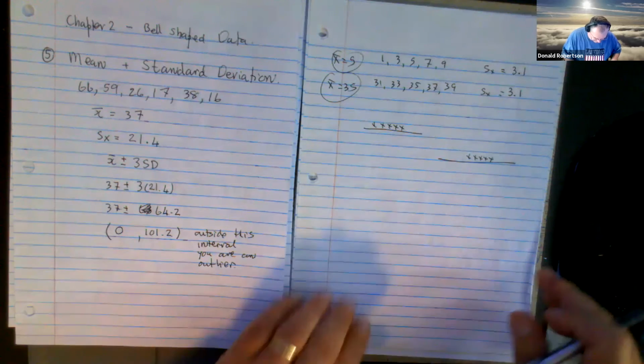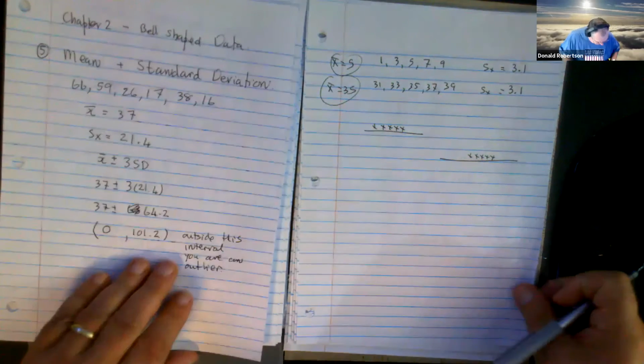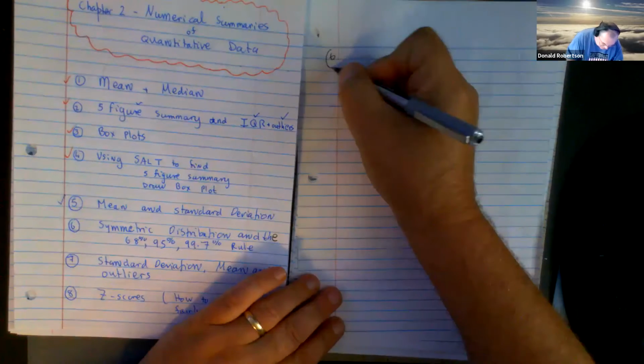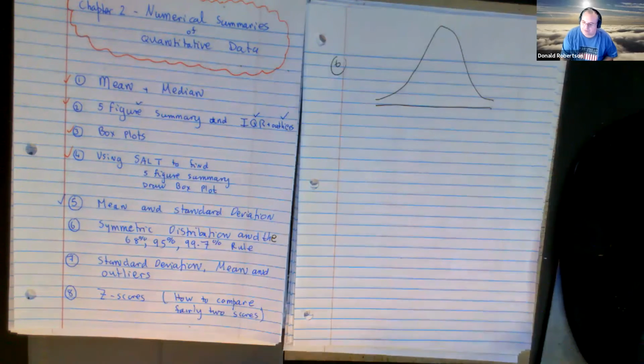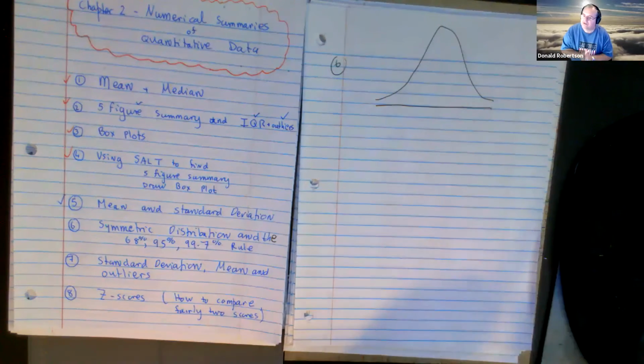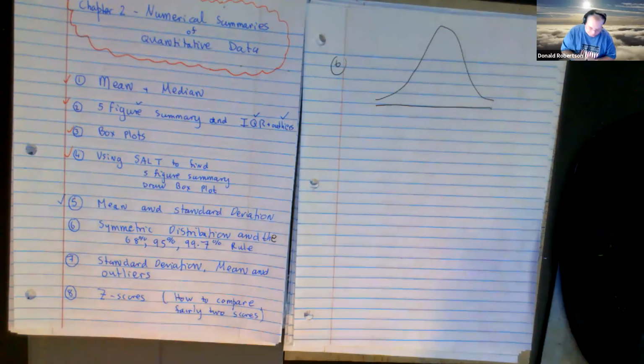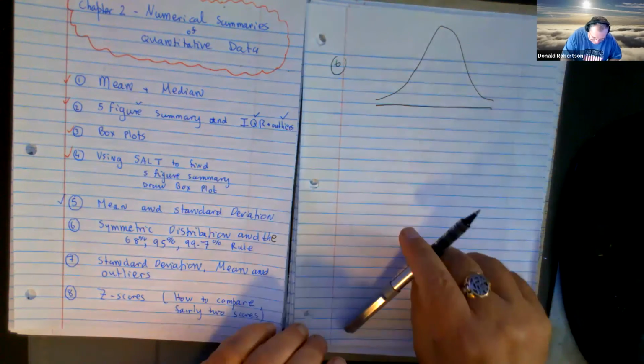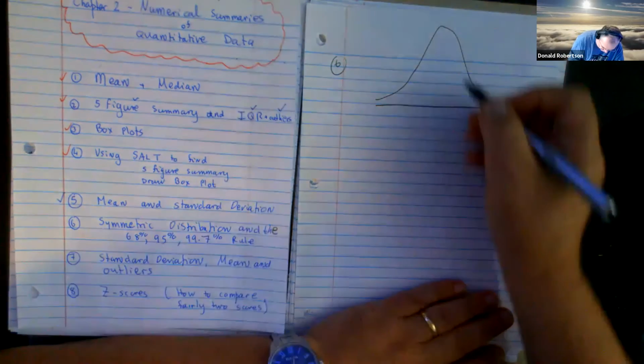So the next thing that we're going to look at is number 6. Can you imagine that we had some data that was symmetric? Now, life is never perfect, but roughly we'll do. Can you imagine we got some data that's roughly symmetric, like this one is, right? And we call this shape, well, we have a couple of names for it.